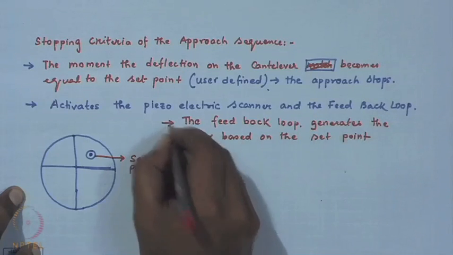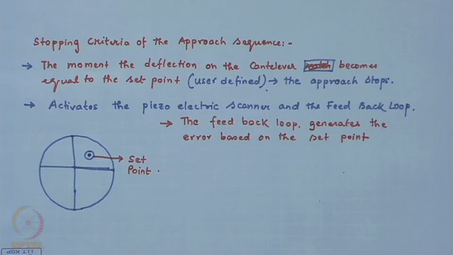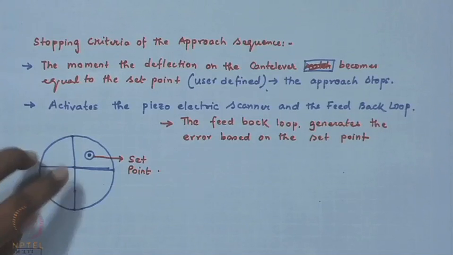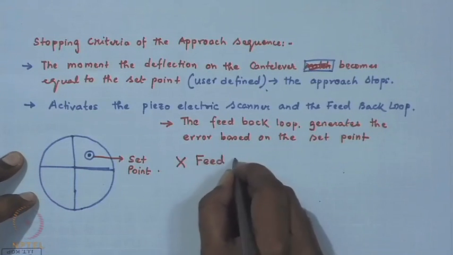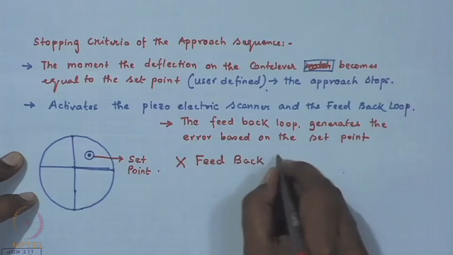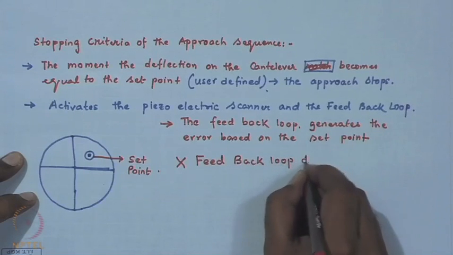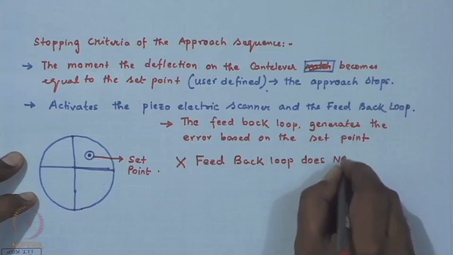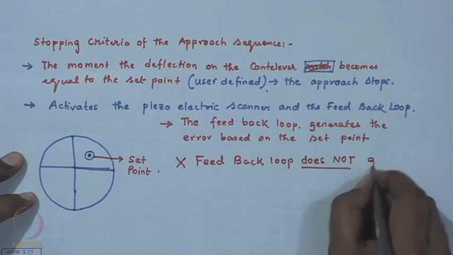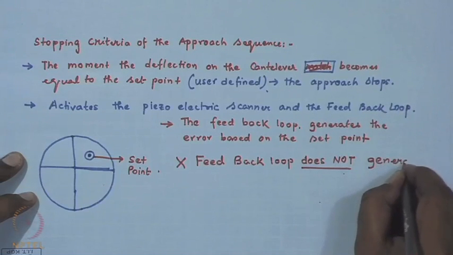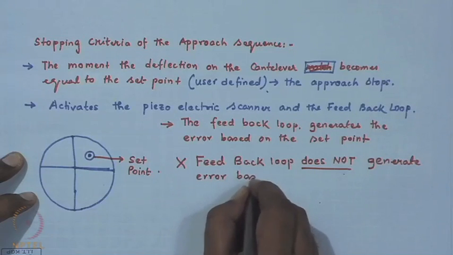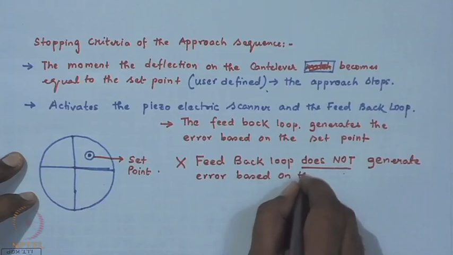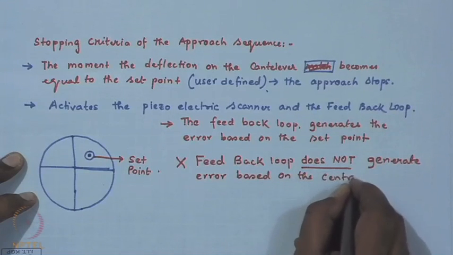Please do not confuse that the feedback loop generates the error from the center of the QPD. The feedback loop, I will write it down and keep this in your mind: feedback loop does not generate error based on the center. Okay.